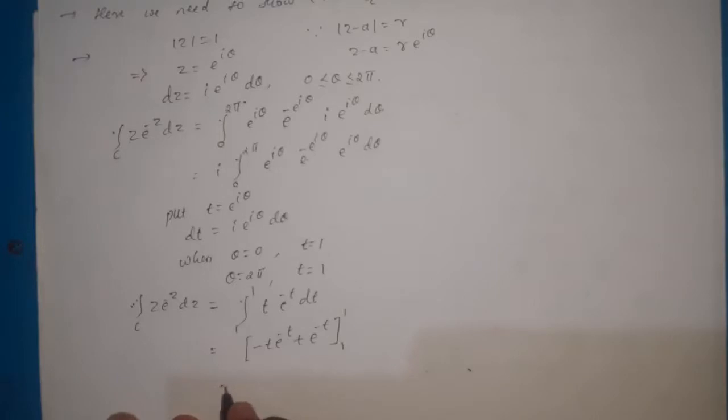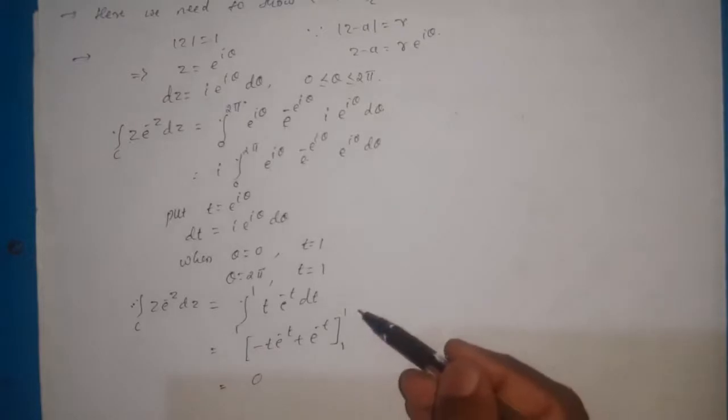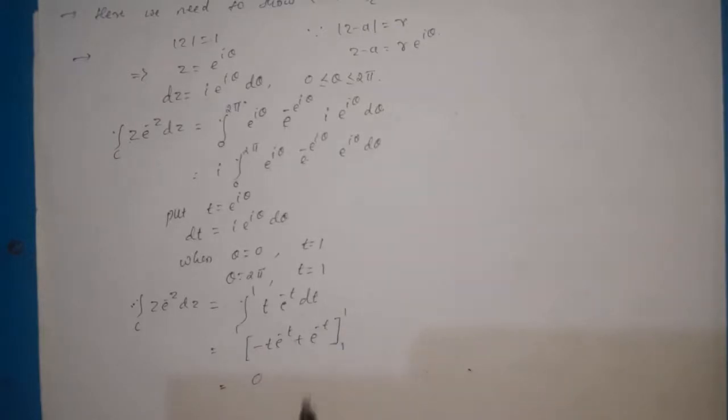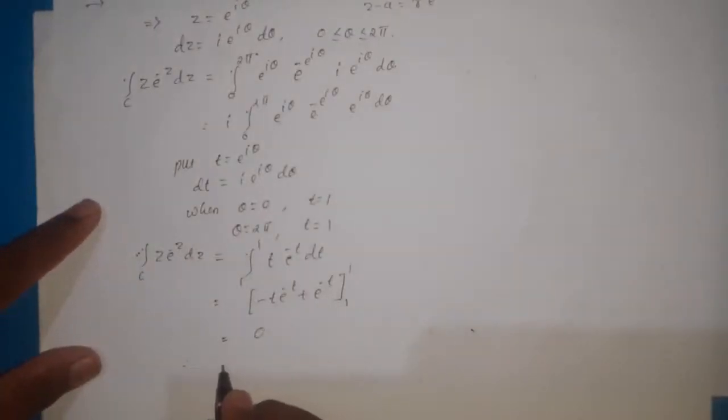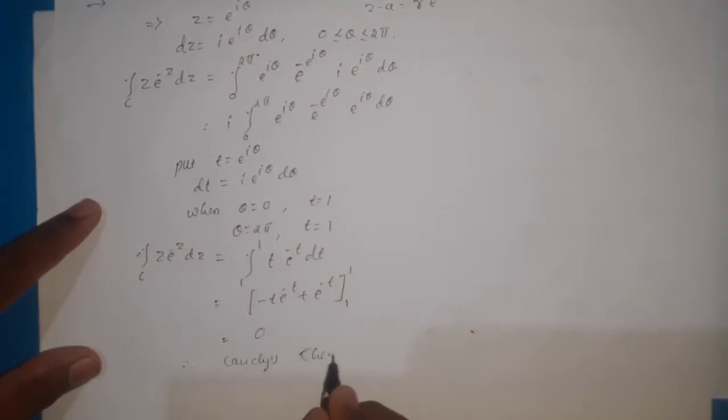So it is equal to 0 because the upper and lower limits are the same. For upper limit minus lower limit, both the values will be the same. So therefore the difference of them is equal to 0. So therefore Cauchy's theorem verified.